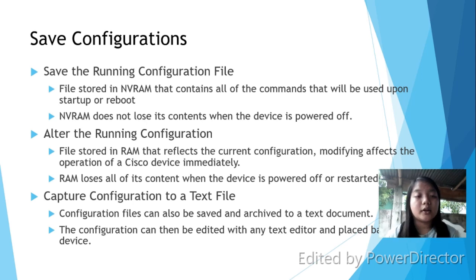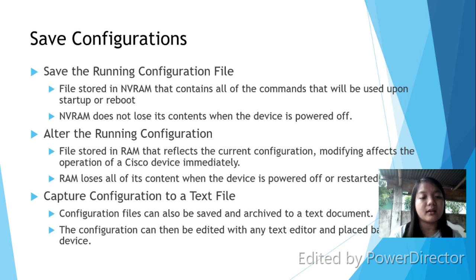So you will save the running config to the startup config, because the running config is stored in the RAM, or the random access memory, and when the device is powered off, it will lose its contents. So you will save it to the startup config, because the startup file is stored in the NVRAM, and it says here that the NVRAM does not lose its content when the device is powered off.